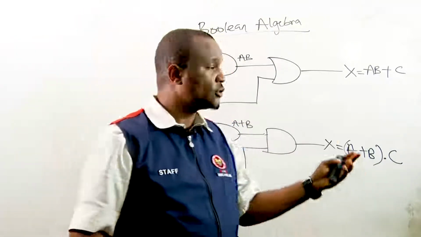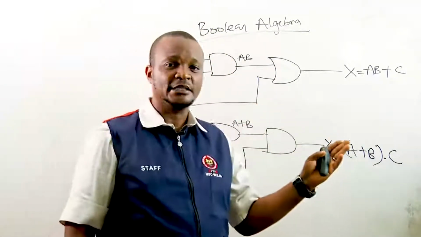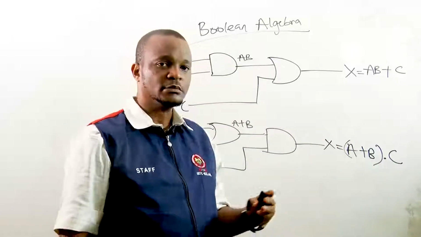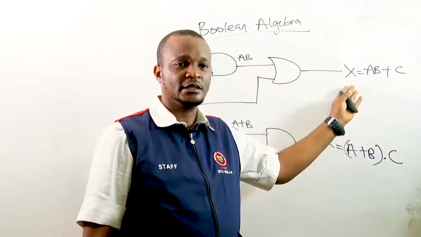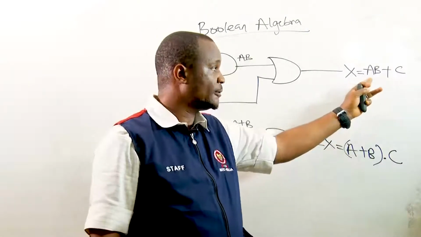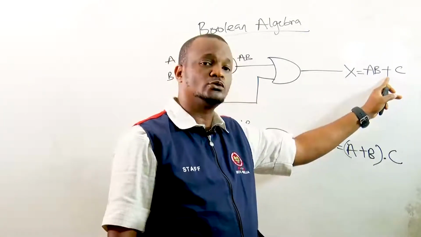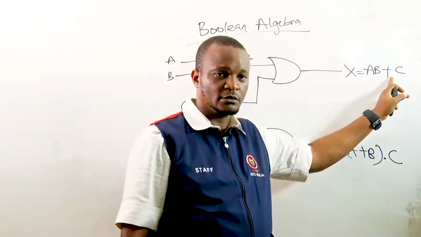If an expression contains both AND and OR operations, the AND operation is performed first. Like in this case, the AB is performed first before you OR it to the value of C.